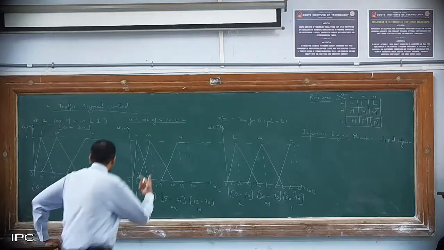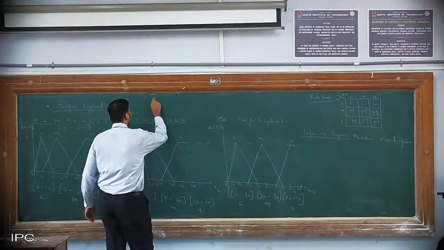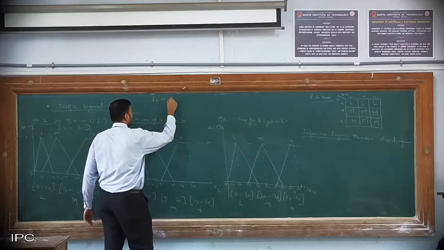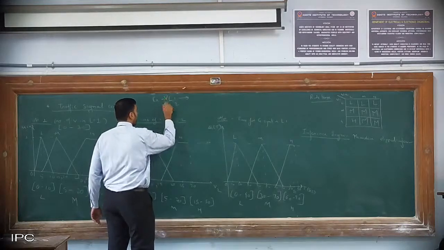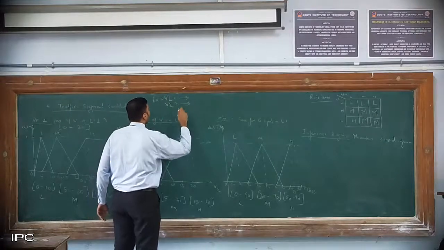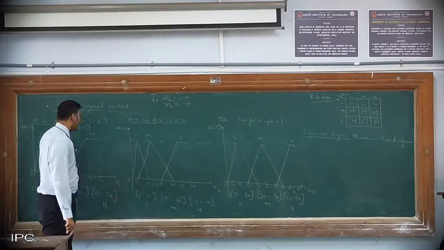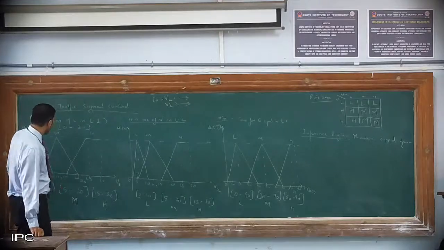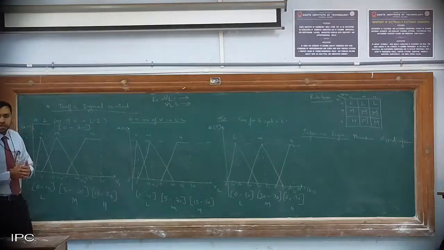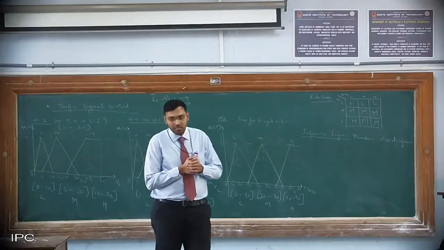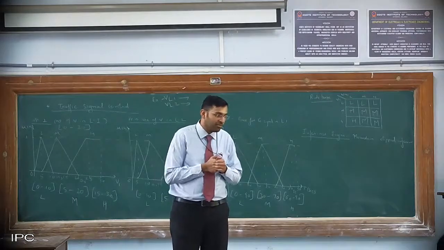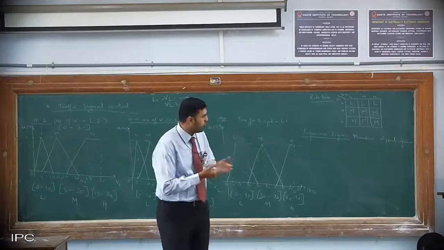So you only tell me what example we can take. Fine. So lane 1, lane 2. Number of vehicles in lane 1, what can we consider? You tell me a number between 0 to 30. That will be much better, right? 15? Okay, let us take 15.